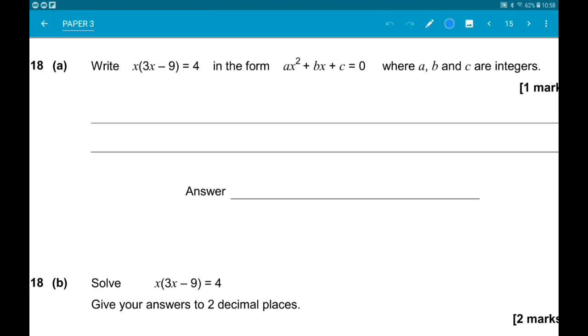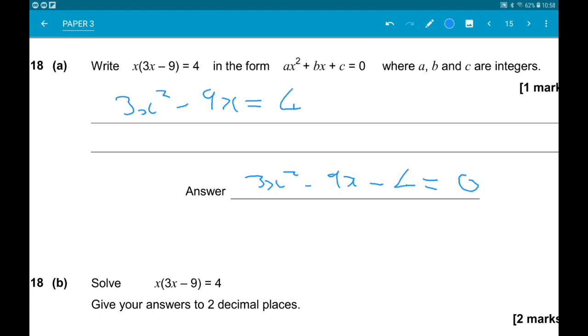So expand the brackets, we get 3x squared minus 9x is equal to 4. Take away the 4, we get 3x squared minus 9x minus 4 is equal to 0.